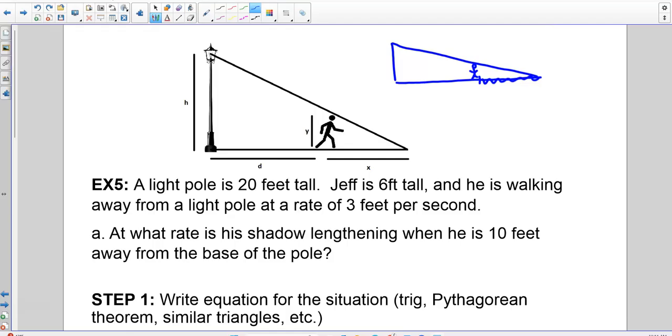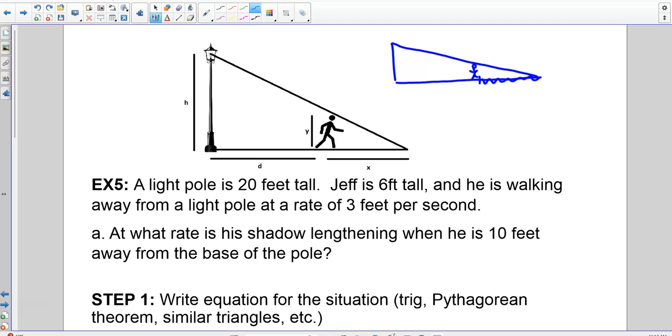At 12 o'clock, when the sun's over your head, you have no shadow, right? That would be like Jeff standing right under the light pole. But in early morning or late evening, when the sun is at a lower angle in the sky, you have a longer shadow. So as Jeff walks away from the light pole until he gets far enough that it's not really reaching him anyway, Jeff's shadow is getting longer and longer, right?